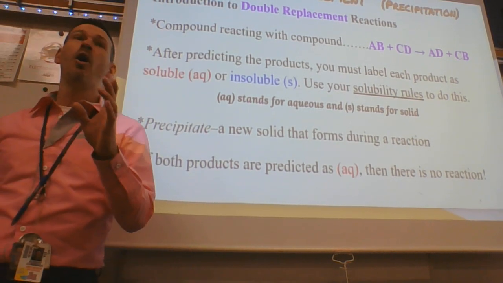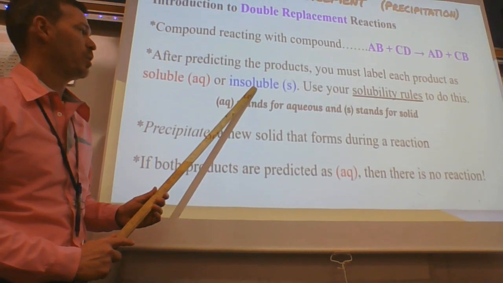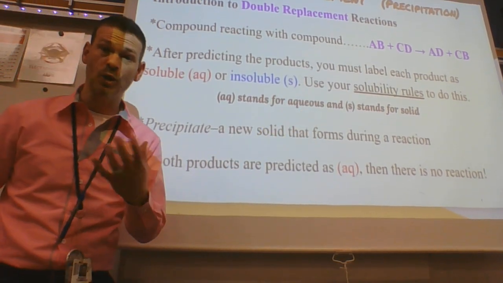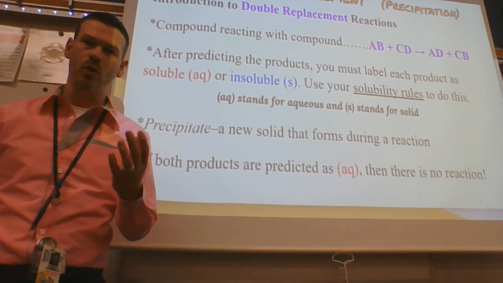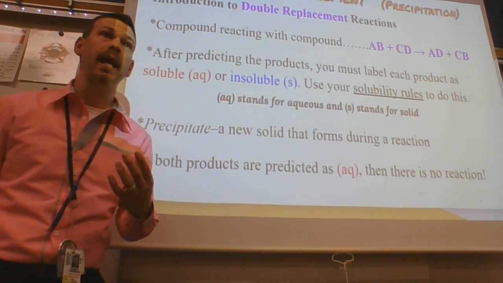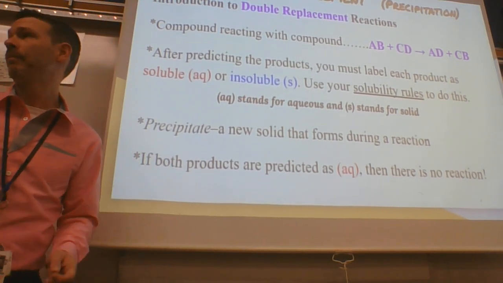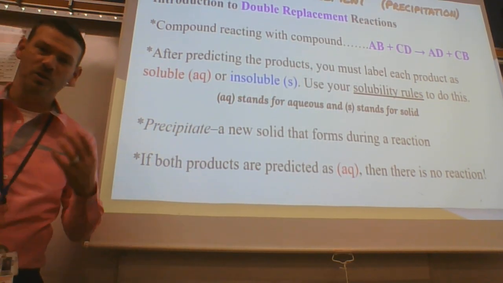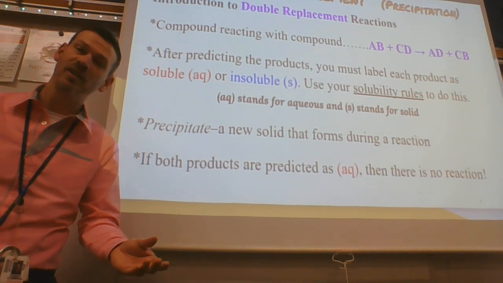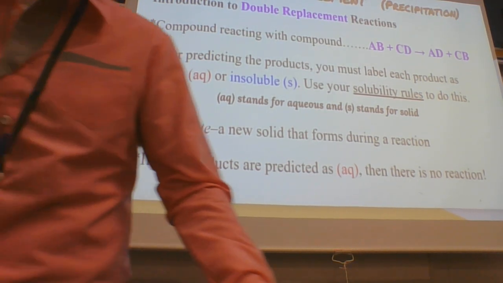And whichever item is insoluble, which means it stays a solid, it's our precipitant, we're going to label with an S. All right, so those are our big, powerful labels of the day. Do you see how if you don't study it, you will assign them backwards? S does not stand for soluble. So be careful. S stands for solid, which is insoluble. So make sure you are intentional with your labels.